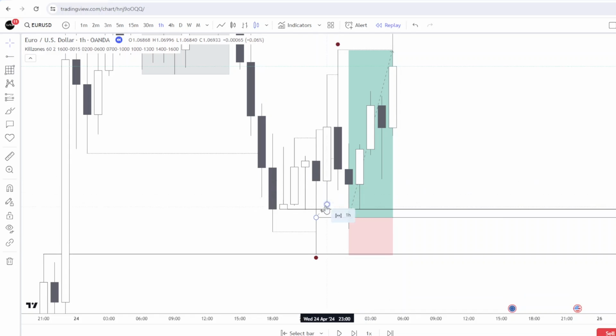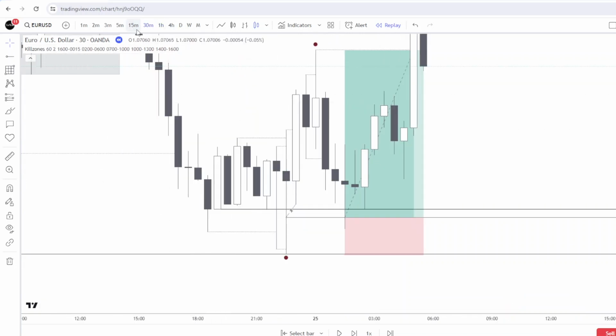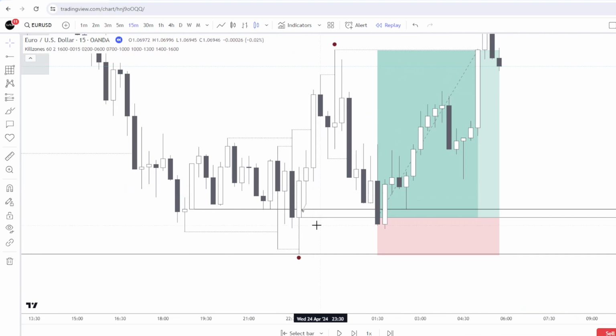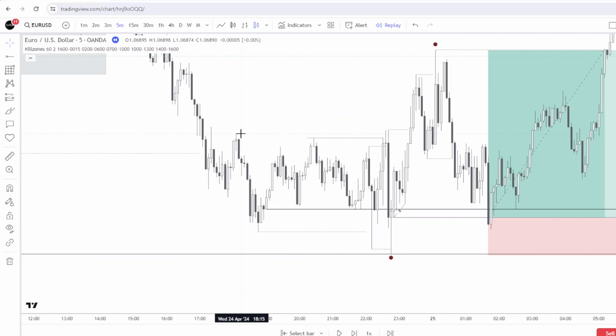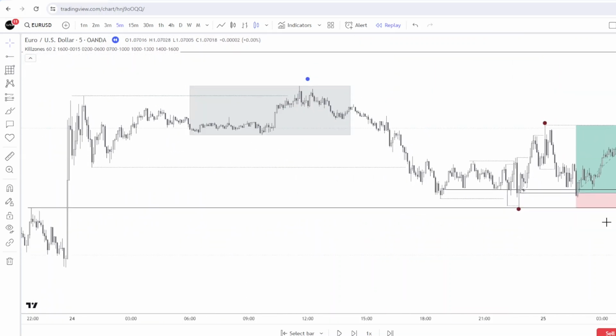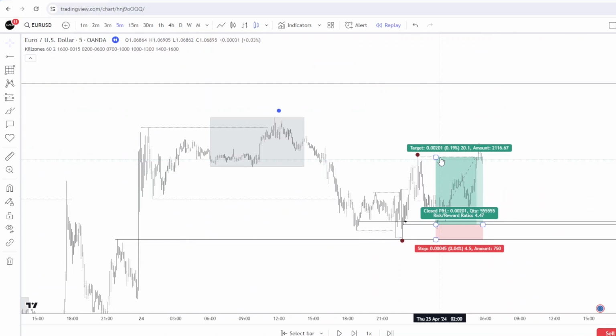We don't have anything below this internal range liquidity. Let's see 30 minute. Let's see M15. M15 has an unmitigated wick, so probably I used this unmitigated wick from my M15. Yes. Then let's see M5, unmitigated wick as well. So that was the entry, and external range liquidity was right here.